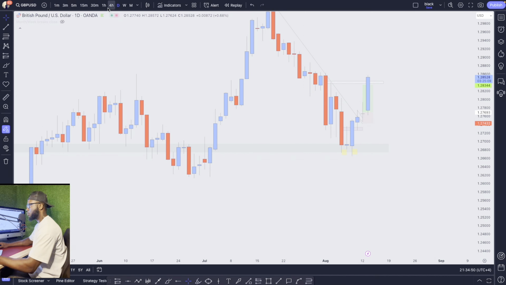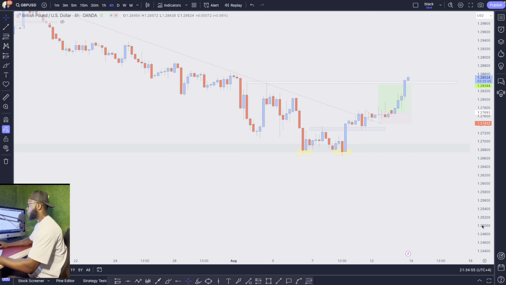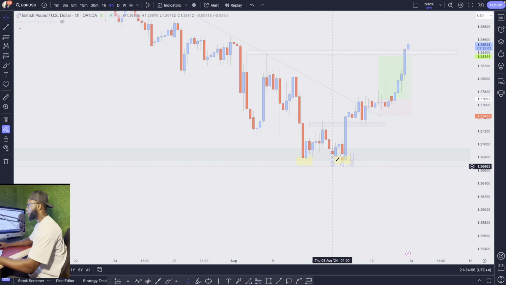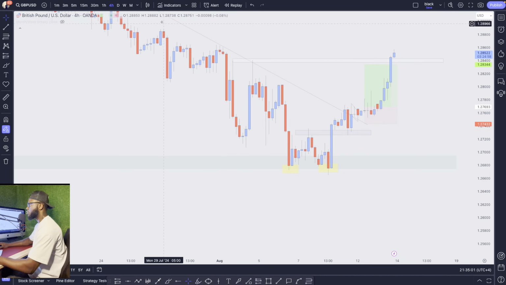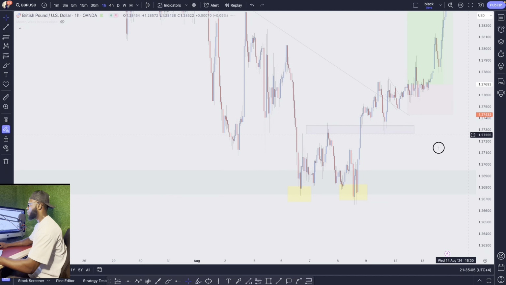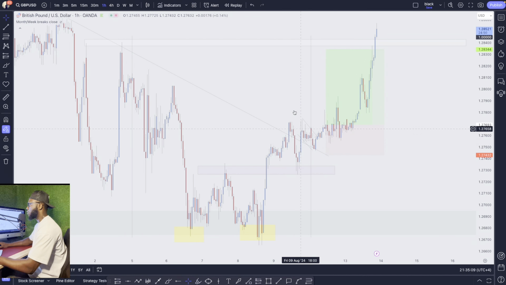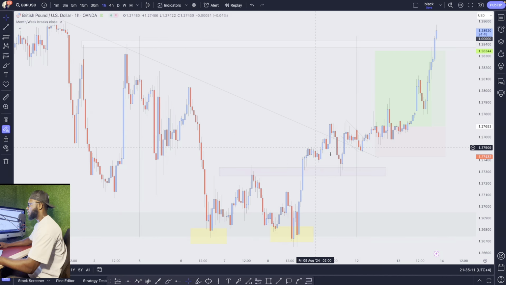So when price got here, I was just very curious to see what price will do there. And as I showed you on the lower time frame on the 4H, this was a double bottom structure as well, right? So the breakout of this neckline was just a confirmation that this was going to shoot to the upside. So right here on the 1H, when the market opened, let me just show you where the market opened for the week. This is exactly where the market opened, right? Price had broken the trend line.